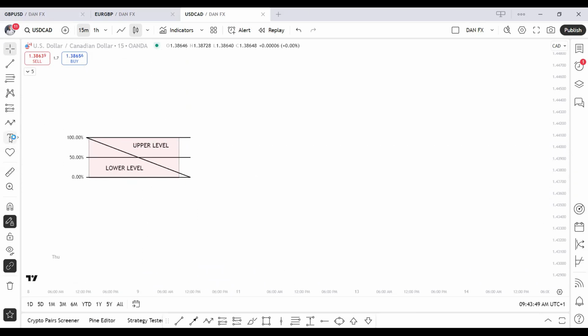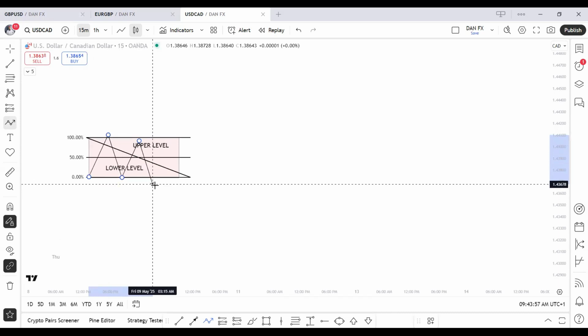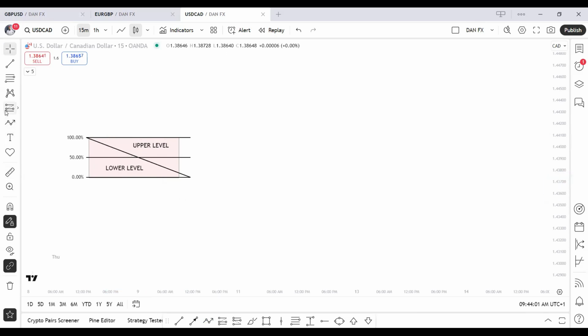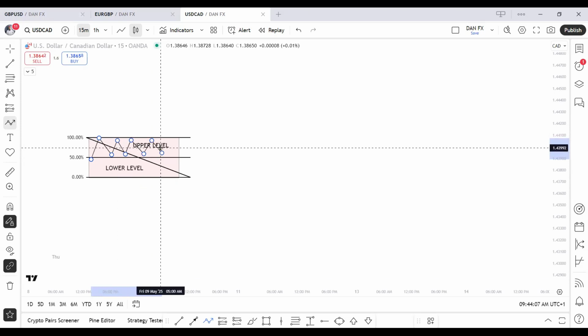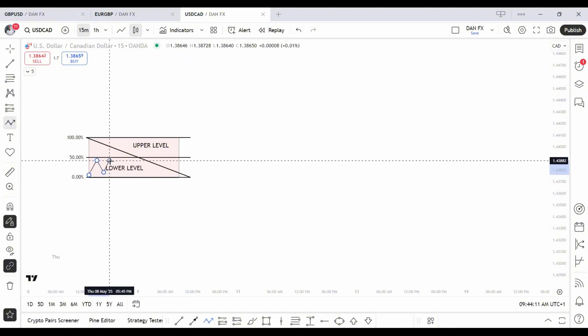Now, whenever you see consolidation inside this box, there are three things that can happen. Either price is bouncing from the top and going through the middle, or price is consolidating at the top part of the box, or price is consolidating at the lower part of the box. This is very important for you to know.